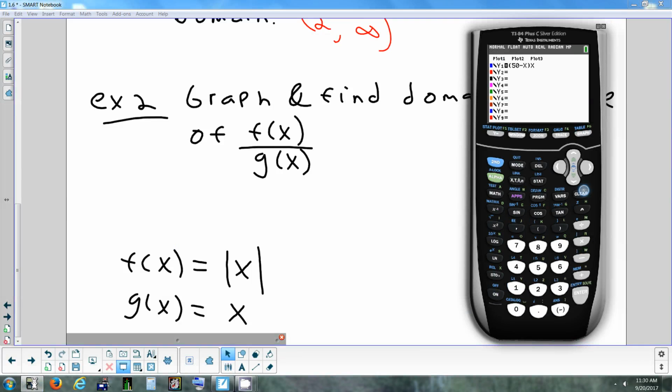Okay, and if I haven't shown you where absolute value is, it's under math, number, and it's the first option, absolute value. All right, so absolute value of x, and then divided by x.